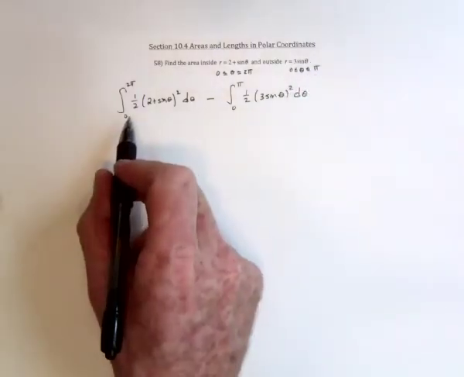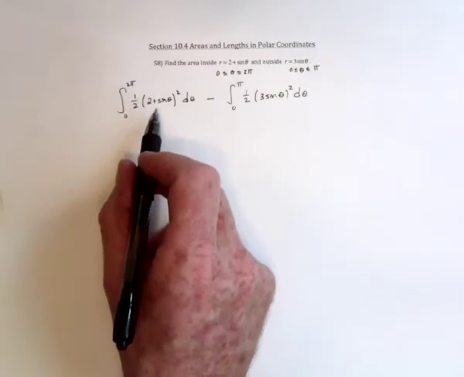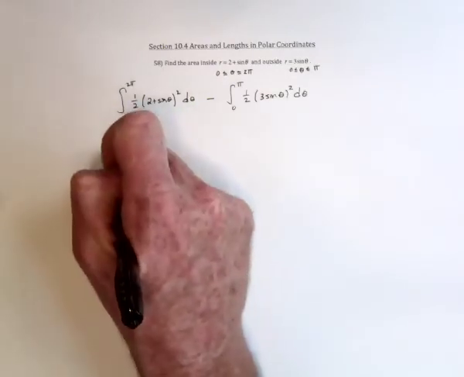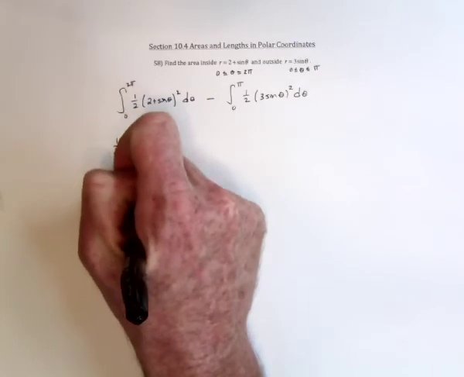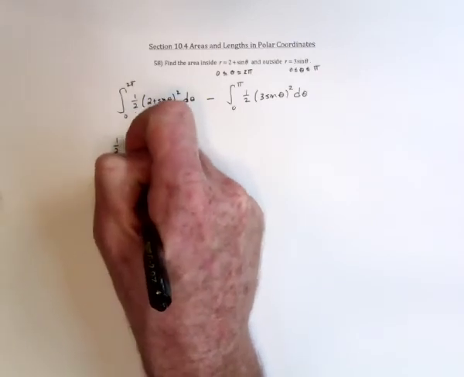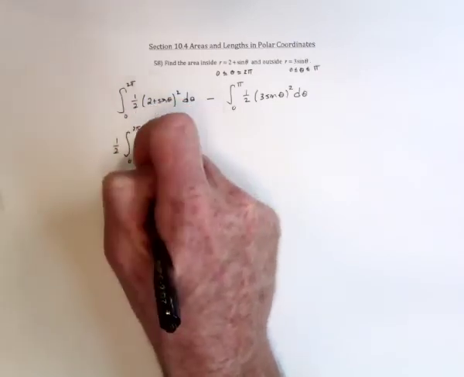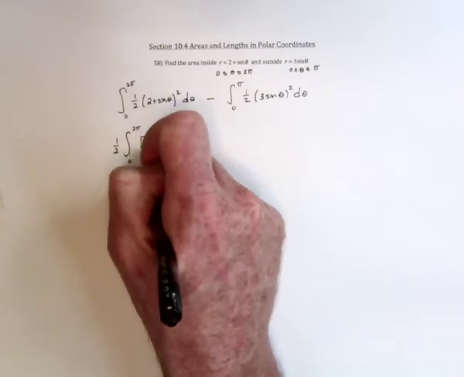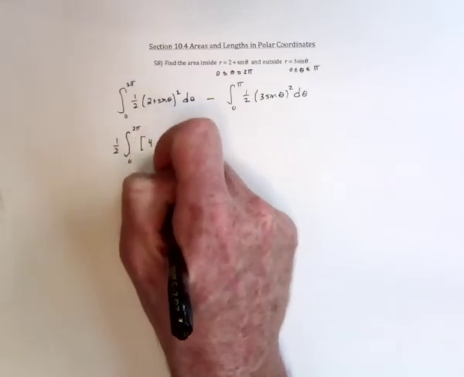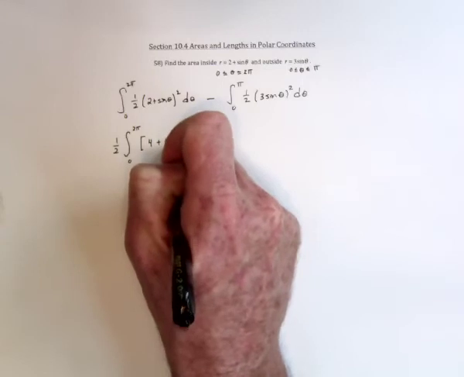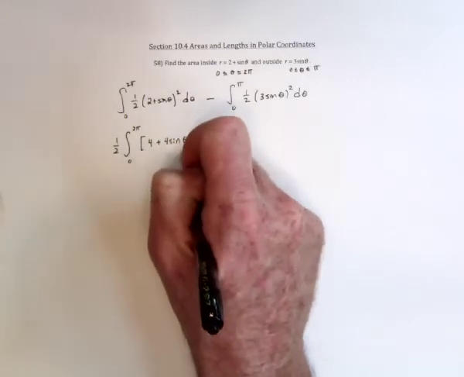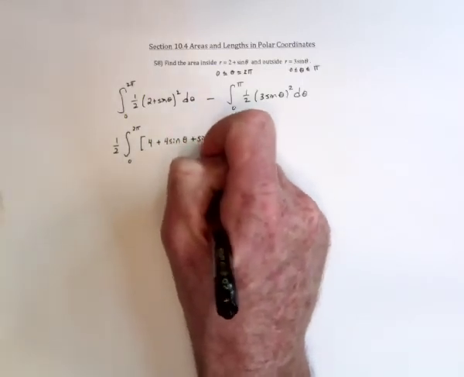For this one, factor out the 1/2 and multiply this out. So we get 1/2 and then integrate from 0 to 2 pi of 4 plus 4 sine of theta plus sine squared.